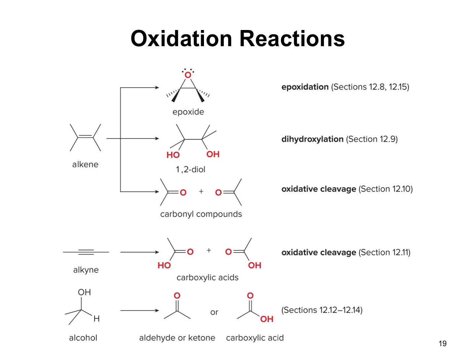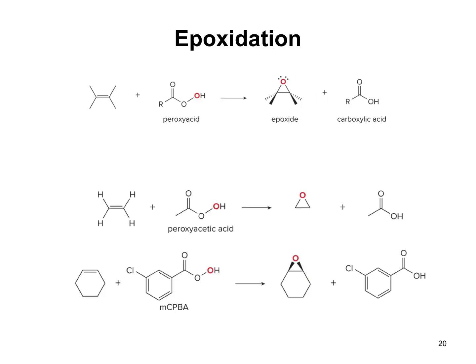So without further ado, let's jump in and look at the epoxidation reaction. When we look at epoxidation, this is the addition of a single oxygen atom, so here's our single oxygen atom, to form an epoxide. Now, epoxidation is generally carried out with a peroxy acid. And again, I love that this oxygen is highlighted in red, and so you can see where it's added.